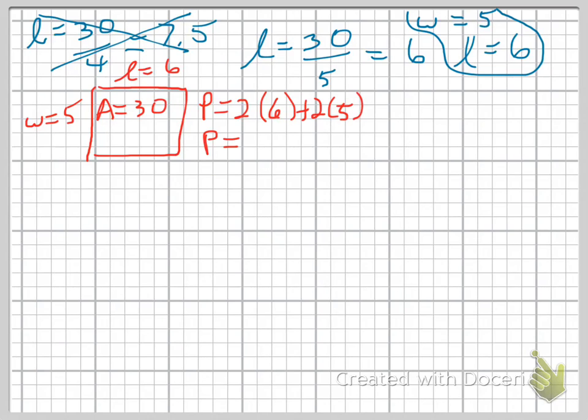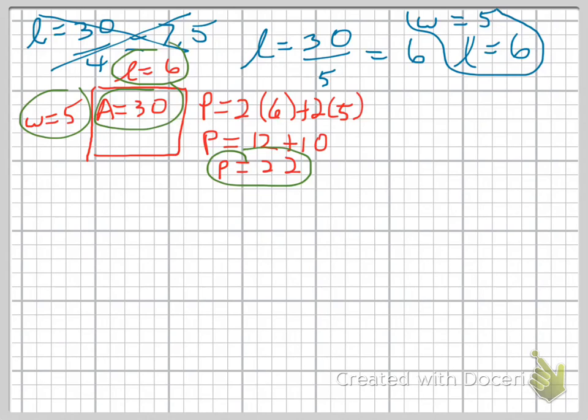So I get a perimeter of 12 plus 10. Perimeter is 22, and that's our lowest perimeter so far. So it's definitely doing what Mr. Lebel wants, which is getting the smallest perimeter possible by choosing length and width.